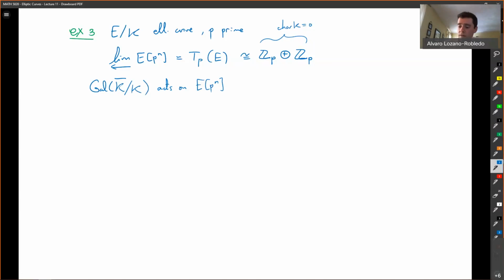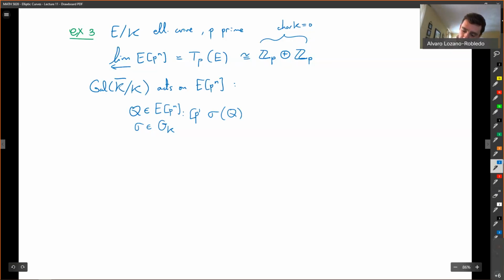So let's see, if Q is a p^n torsion point, and sigma is an element of the absolute Galois group, let's see what happens with sigma of Q. Well, I'm hoping that that is a p^n torsion point also, so it has to be killed by p^n.